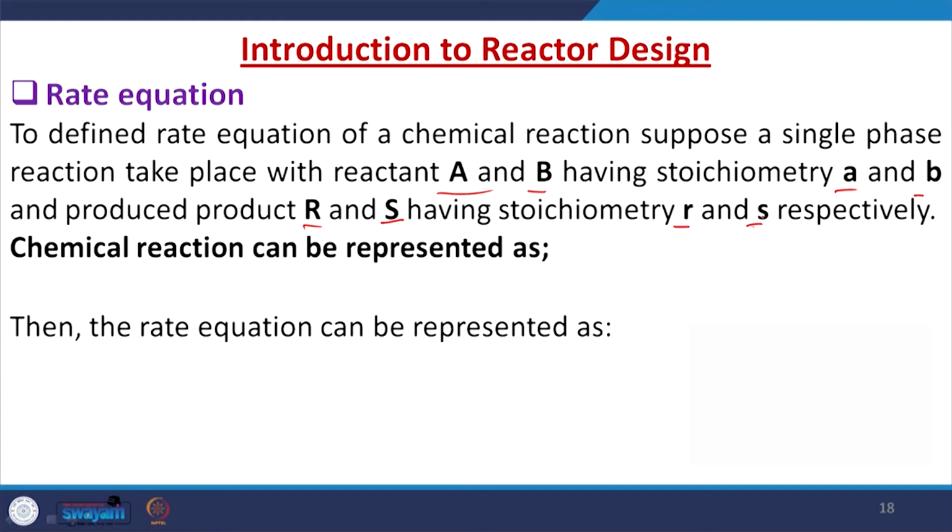So we can represent the chemical reaction as aA plus bB giving rR plus sS, and the rate of a reaction you can write like this.